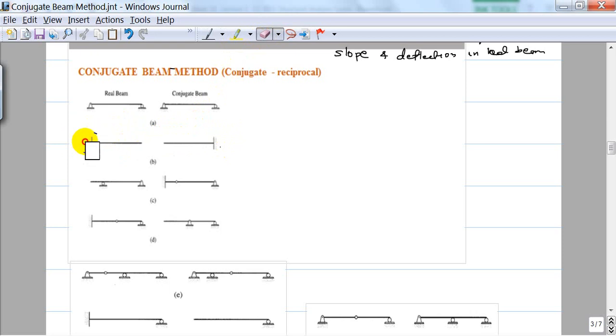Similarly, here a free end becomes a fixed end, an internal roller becomes a hinge, and an external pin support stays an external pin support. And here the fixed support becomes free, the internal hinge becomes an internal roller or internal pin, and the external roller becomes an external roller.